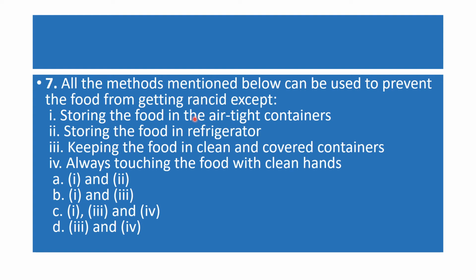Storing the food in an airtight container, storing the food in the refrigerator, keeping the food in clean and covered containers, and always touching the food with clean hands. So the question is, all the methods mentioned below can be used to prevent food from getting rancid except, meaning which one will not be used for preventing food getting rancid.